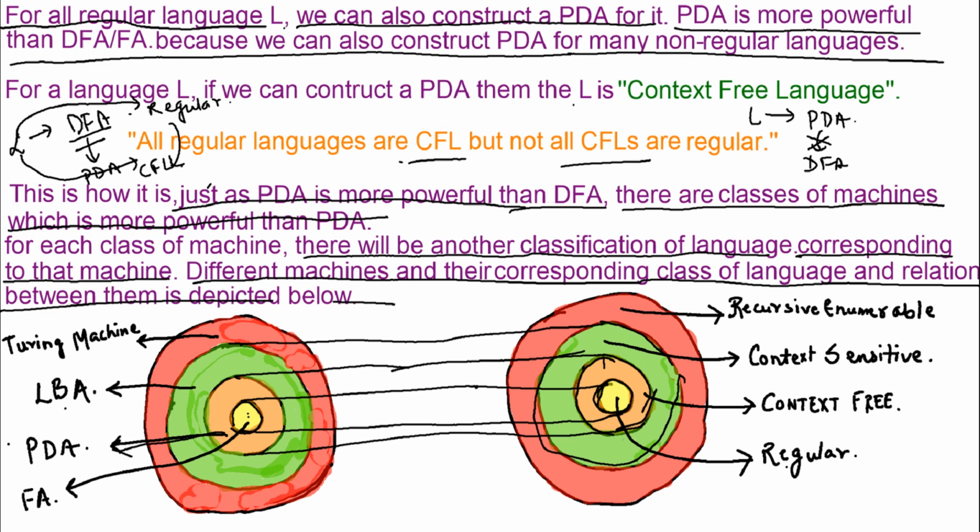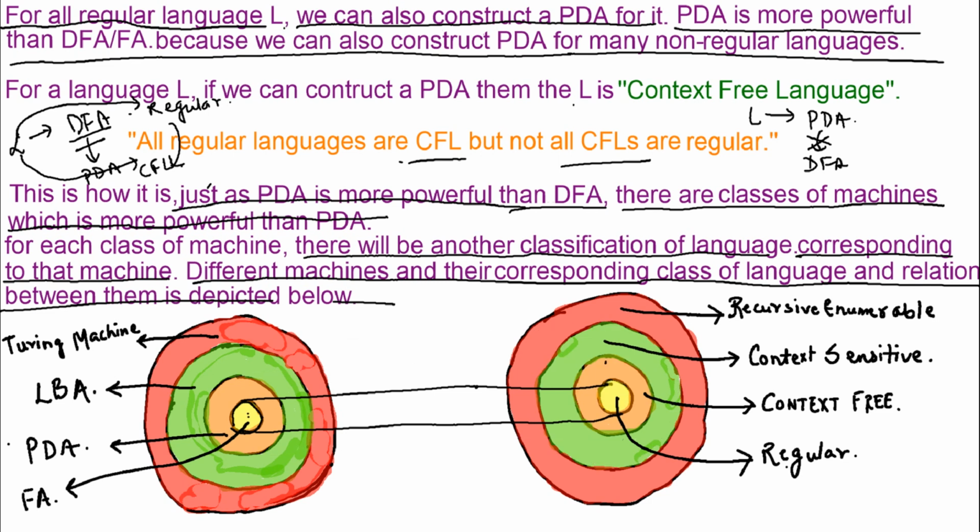And similarly, Turing machine. What is this area? This area means these are those languages for which you can only give a PDA but not a DFA. Similarly, this is the area which includes those languages for which you can only give a linear bounded automaton but not a PDA. And this is only those languages for which you can only give Turing machines and not LBA.